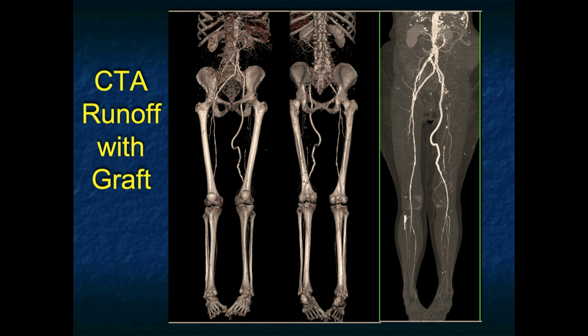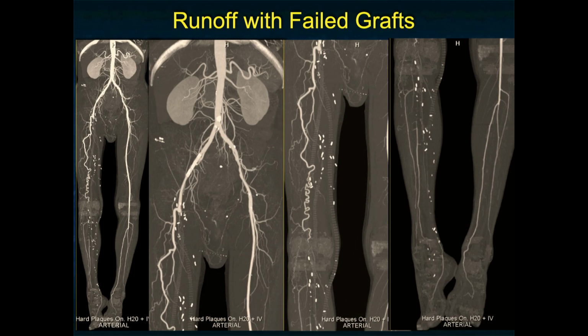So you can see in this case, in a patient with multiple grafts, easy to remove bone, or a case like this where the patient has had grafts and has a lot of vascular disease. The automated bone removal with dual energy is very good at not taking too much away. The biggest challenge, I'll show you an example in a moment, is that you can remove things you don't want to remove. And so you need to be very careful, and that's my point about looking at the source data.